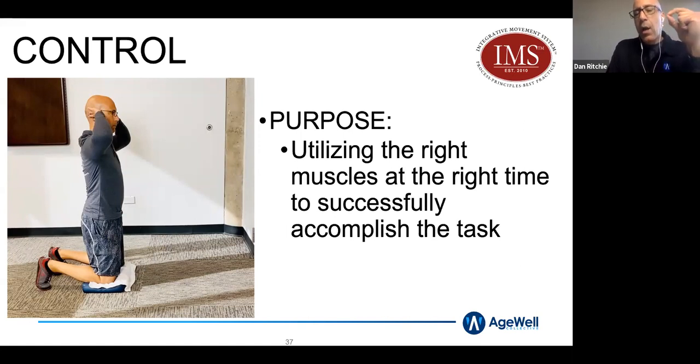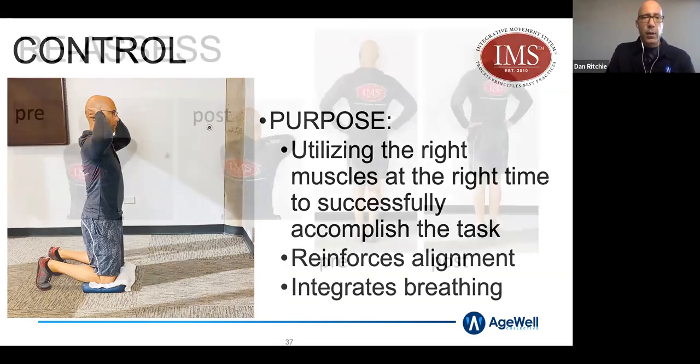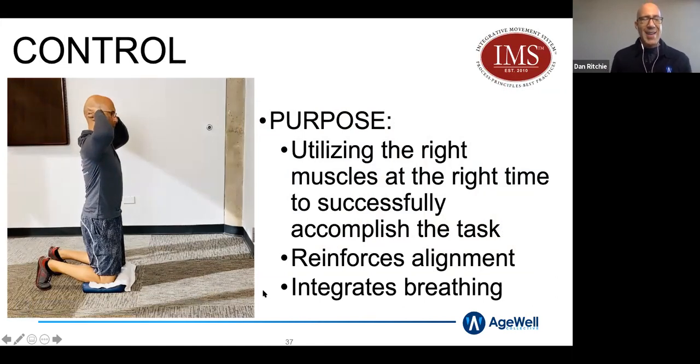It coordinates and integrates breathing with core activation, which is what our clients need to do when they're doing higher level patterns that we'll get to here shortly. It reinforces alignment of the thoracopelvic cylinder. It integrates breathing.